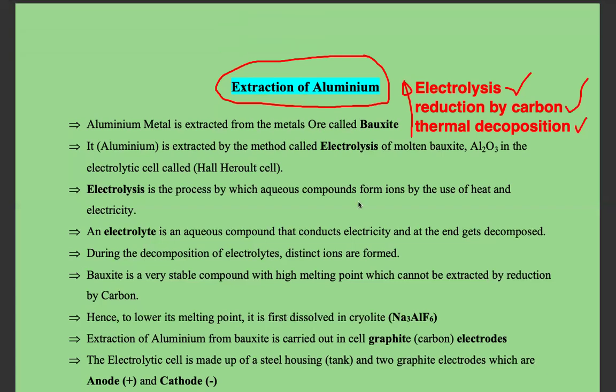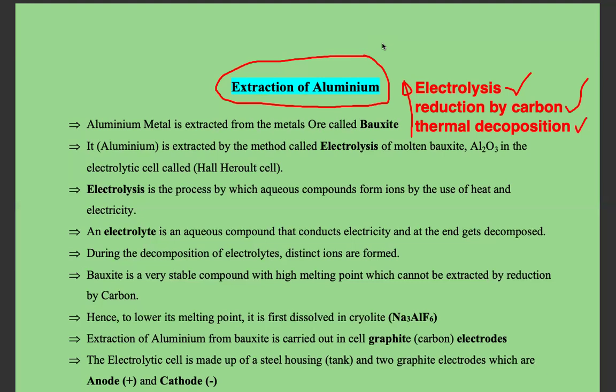Now, the information is up there saying aluminium is extracted from a metal ore. Remember, each and every metal that we have, for as long as it does not occur naturally in nature, it should have the metal ore from which it is extracted.